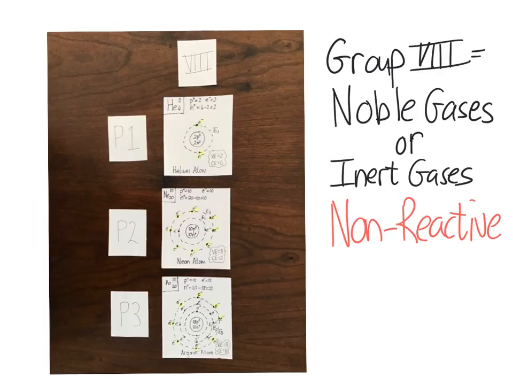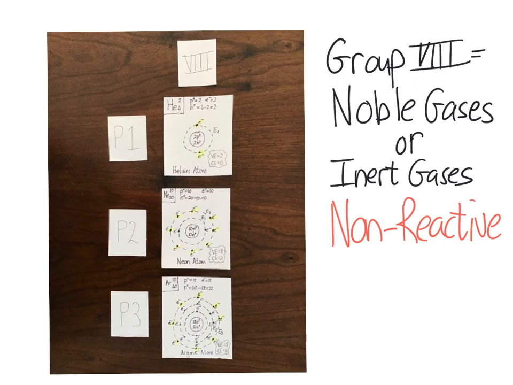Now, right next to group 7 are the group 8 elements that are referred to as the noble gases or the inert gases. And in stark contrast to their group 7 neighbors, which are elements that are highly reactive and highly poisonous, we find that noble gases are non-reactive.